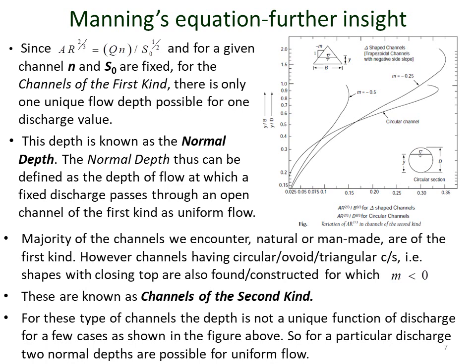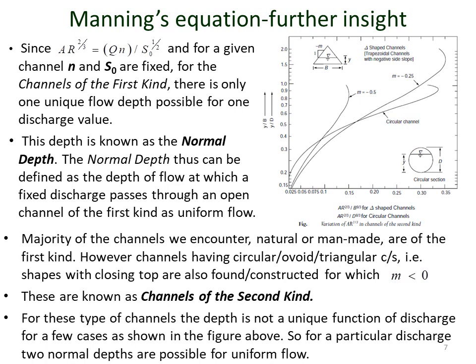So the normal depth can be defined as the depth of flow at which a fixed discharge passes through an open channel of the first kind as uniform flow. Now the majority of the channels, be they natural or man-made, are of the first kind, for which the top width increases with height. So that is the channel of first kind.